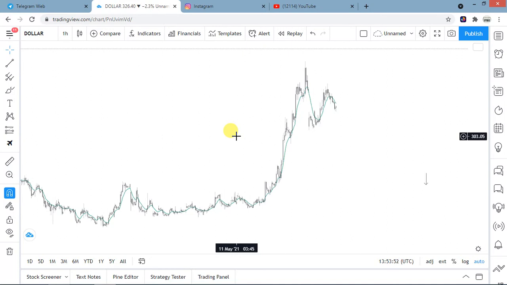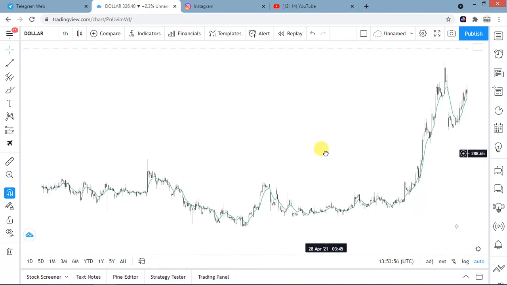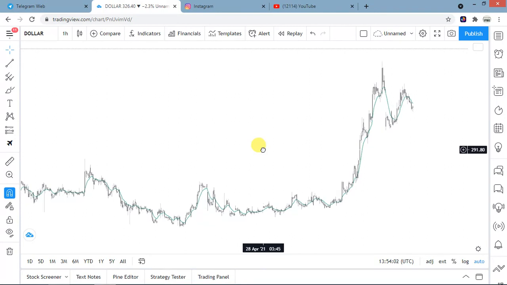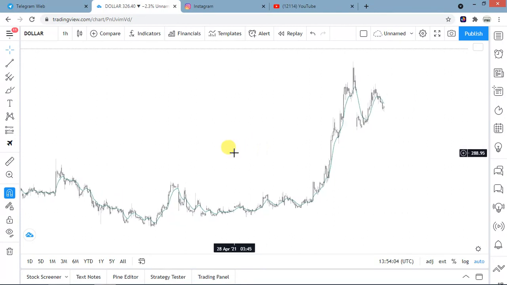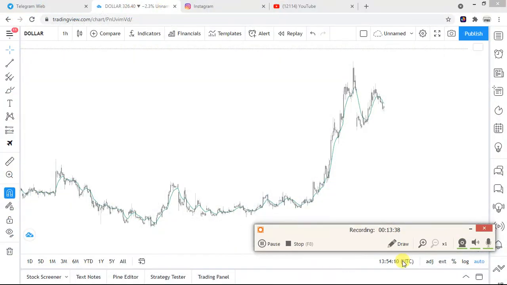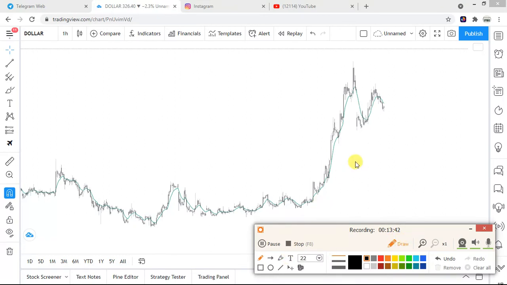So here we have to make a decision where to go and where to make an exit. This trade here, we have something to do here. Let us see here.